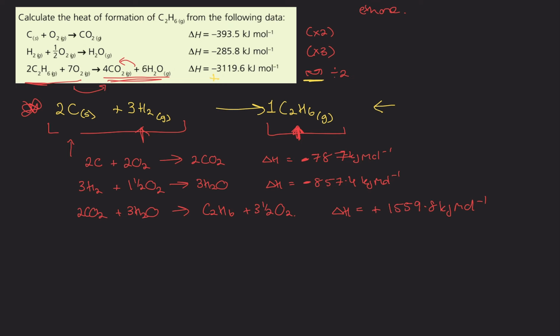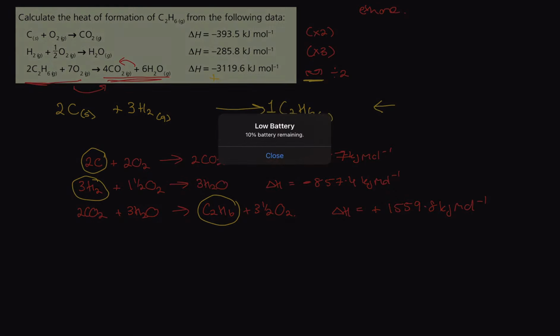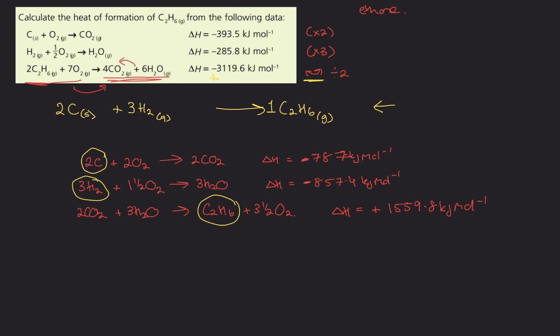Now I just want to double check. So to double check, I'm going to circle that I've successfully gotten every part of my original equation within the 3 lines I've just drawn in. So I wanted 2 carbons, I wanted 3 hydrogens, and I wanted 1 mole of ethane. So that's good, we've got all that done. The next step is to check if the rest of it cancels out.